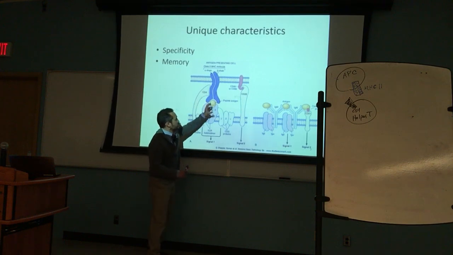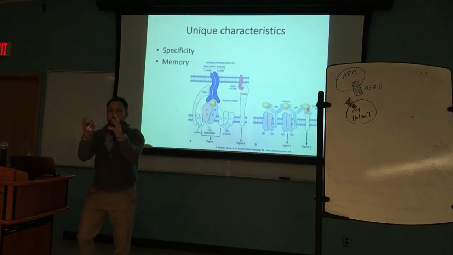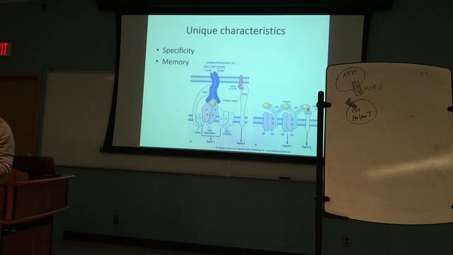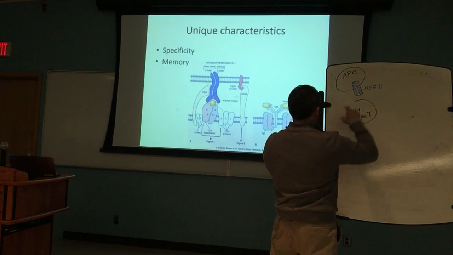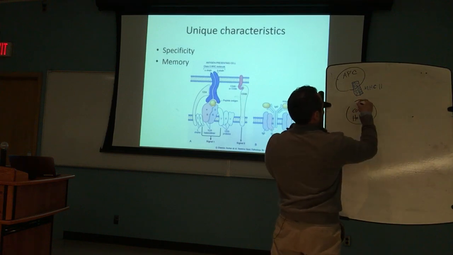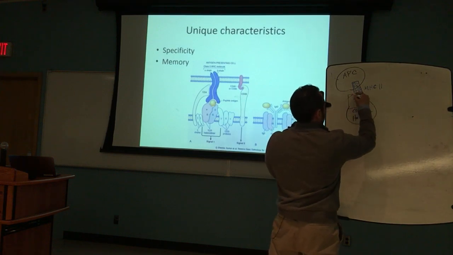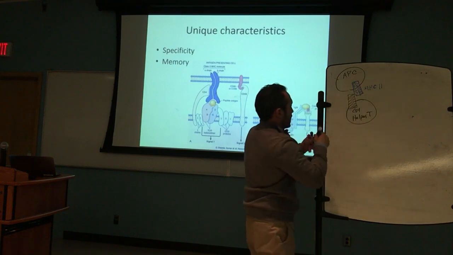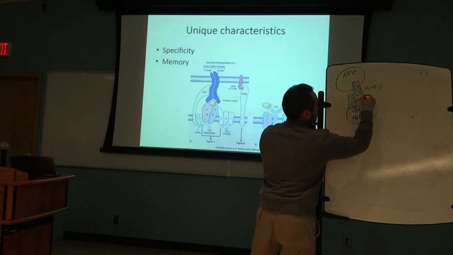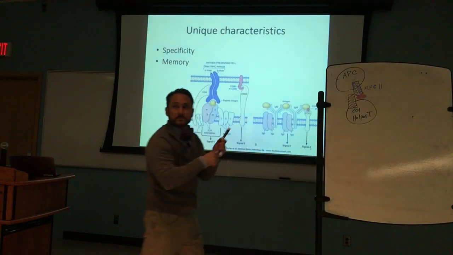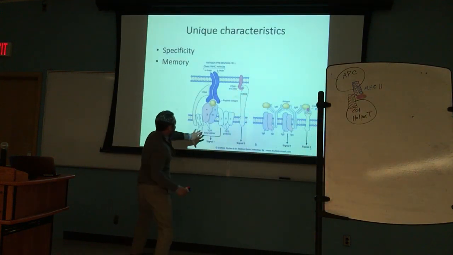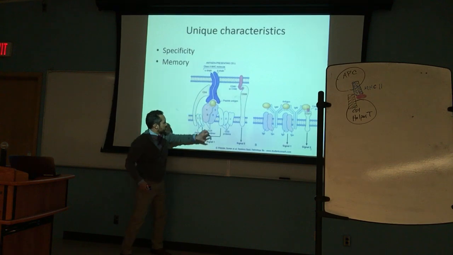And the MHC2 is holding something of interest. It's holding the antigen. That's that yellow structure. So I really should draw this a little closer together. Sorry. And this guy actually has some sort of antigen that it's displaying. So it's displaying this antigen to the helper T.